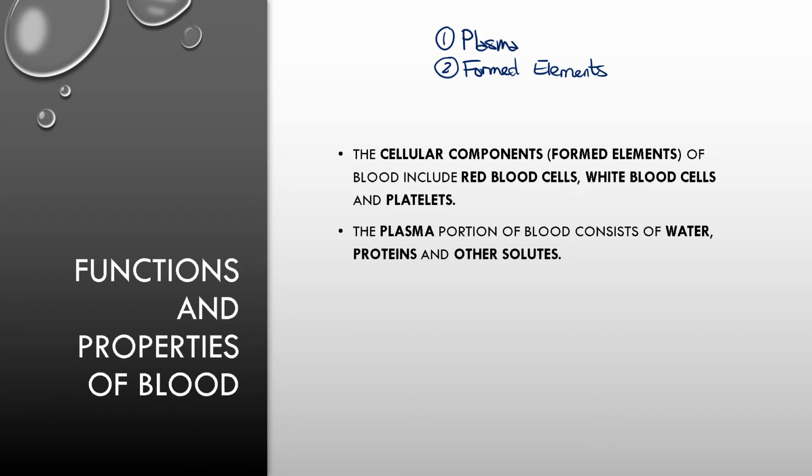Now, formed elements, these are going to be the cells and cell fragments. Now, the formed elements, or the cellular elements, you can call it even, this includes red blood cells, white blood cells, and platelets. And the plasma consists of water, proteins, and other solutes too.